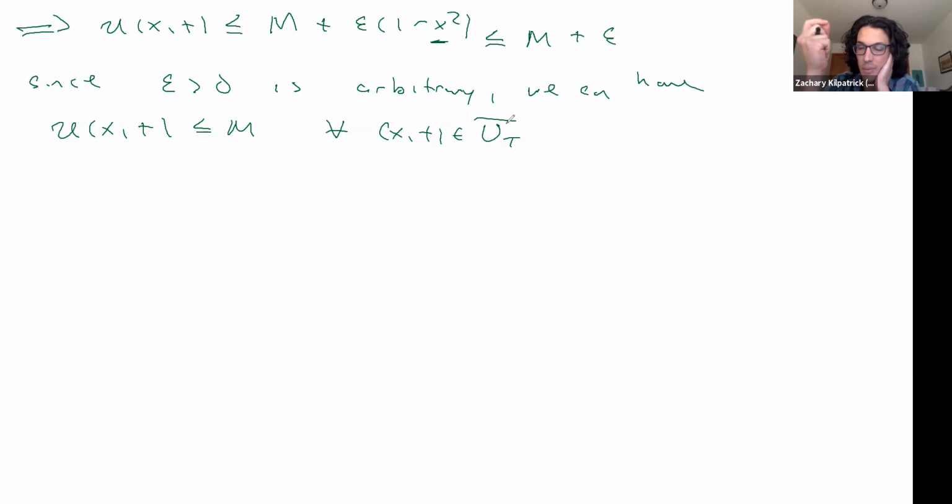But that only got converted into this weak maximum principle for u. Here, what we're doing is essentially taking a limit as epsilon goes to 0. We can make this as small as possible, and so that's how we rid ourselves of this epsilon in this case.